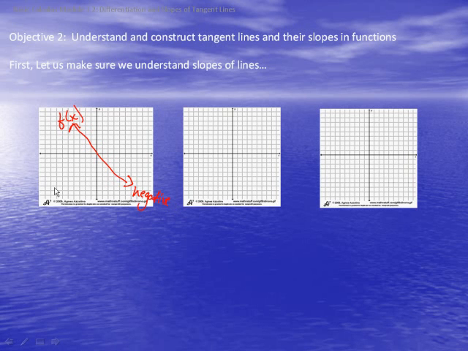If the line goes upward from left to right, we'll call this g of x, then this would be a positive slope. If a line stays flat like this, the slope is 0. And if a line is vertical like this, then the slope is undefined.